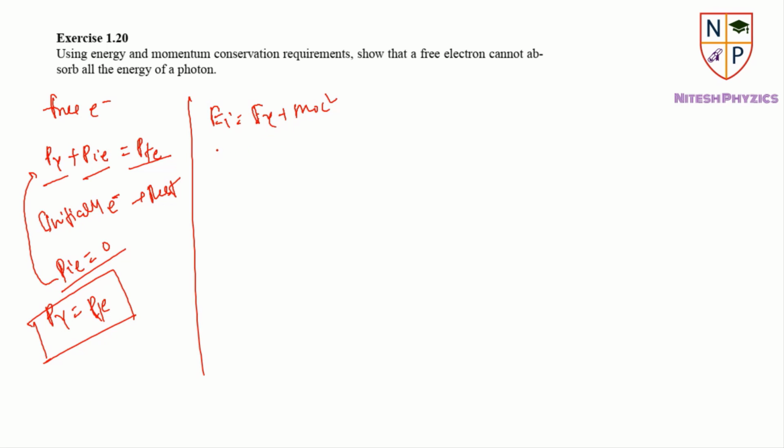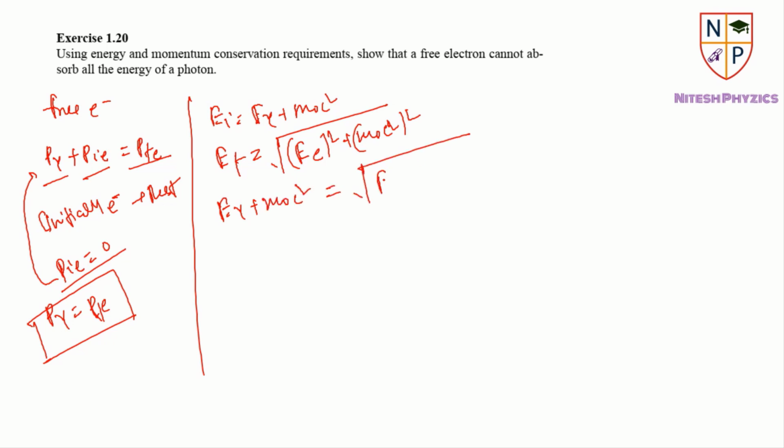So the final energy will be E f equal to under root E square plus m naught c square to the power 2, where E is the kinetic energy of the electron due to absorption of the photon. From the conservation of energy we can write E gamma plus m naught c square is equal to under root E square plus m naught c square to the power 2.